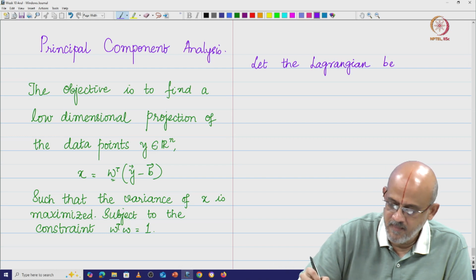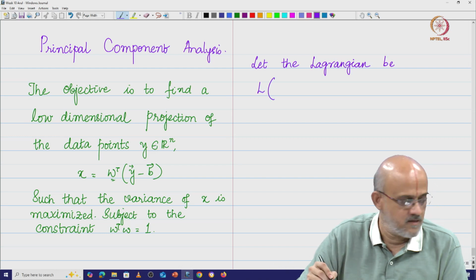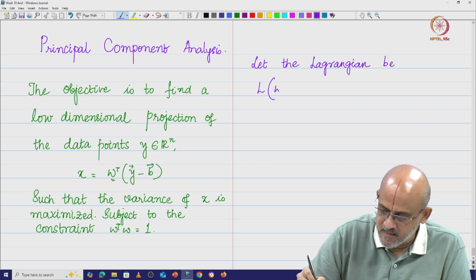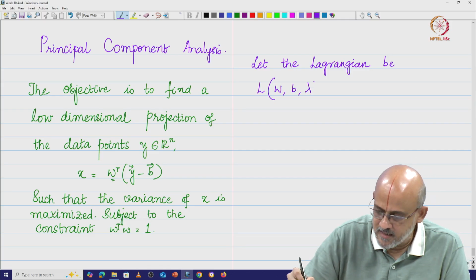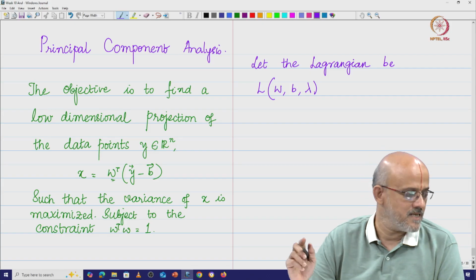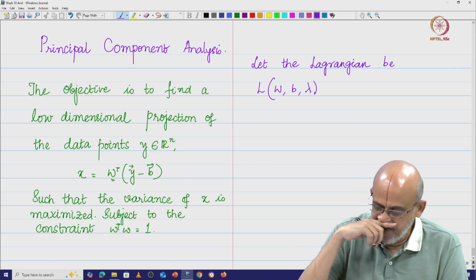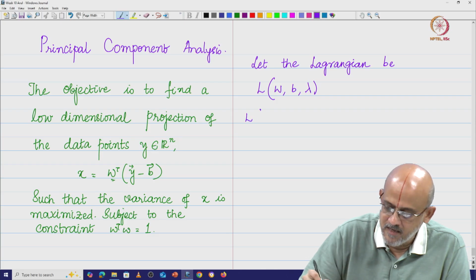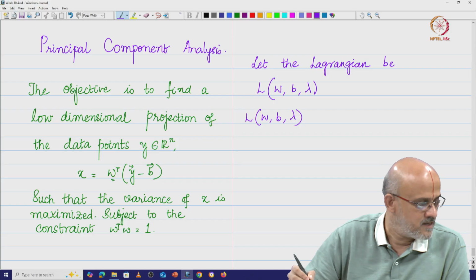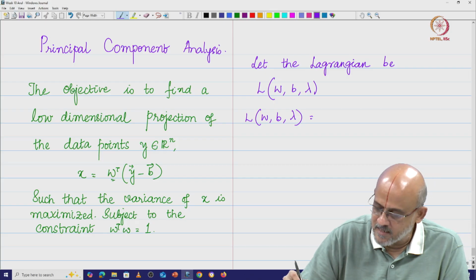I am going to take the W vector, the b vector and also lambda. Lambda is the Lagrange multiplier that we have. So, this is going to be the Lagrangian, which is given by L of W comma b comma lambda, which is equal to, let us say, 1 by n.